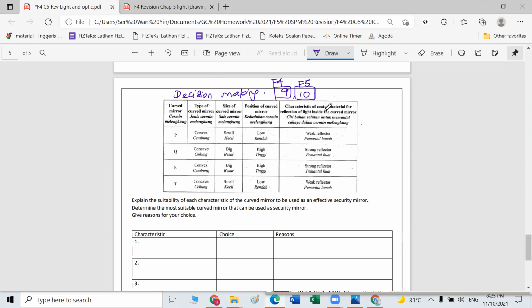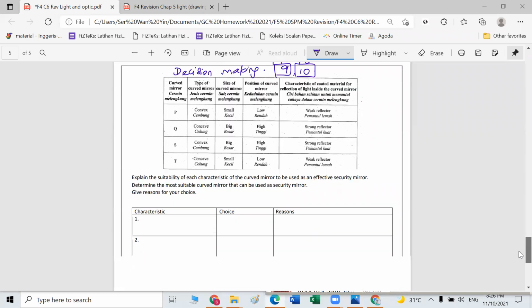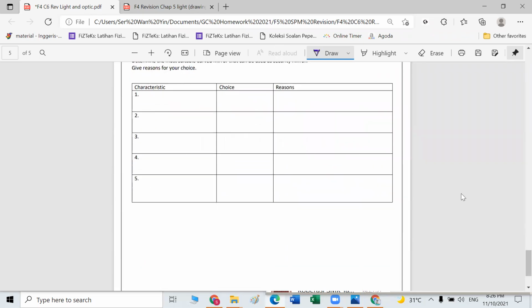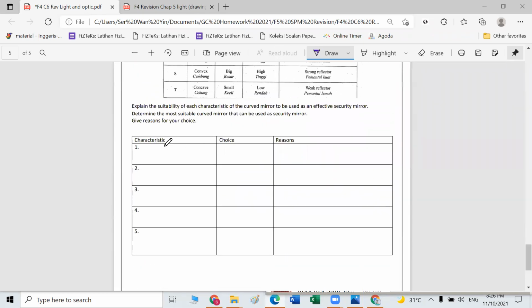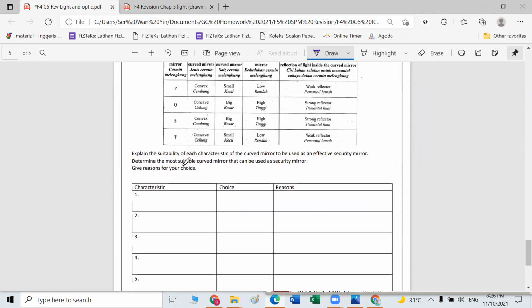You will have 2 types of decision making questions and 1 modification question. Okay, so I will guide you. I will treat you like it's your first time doing this. I'll guide you from beginning to the end. I know you might be very familiar with the format already, so let's revise one more time.